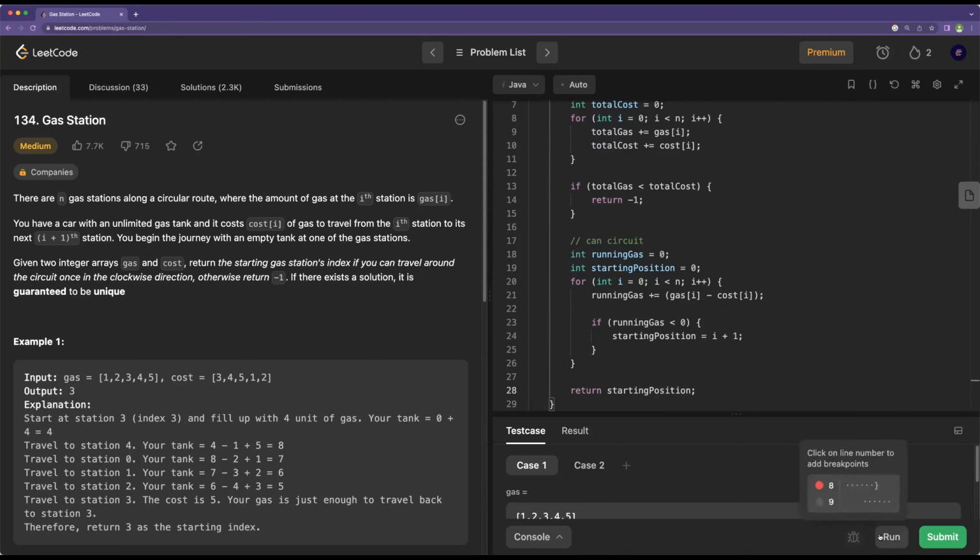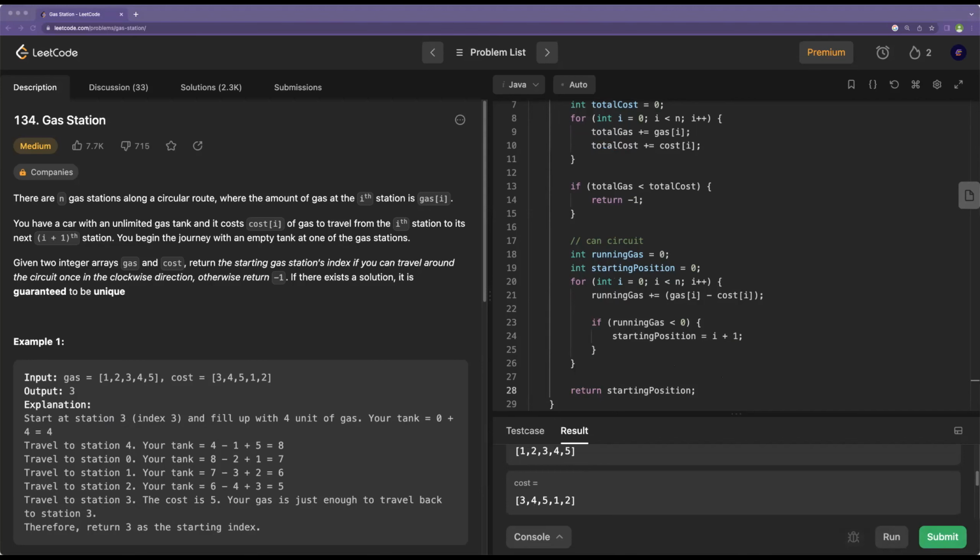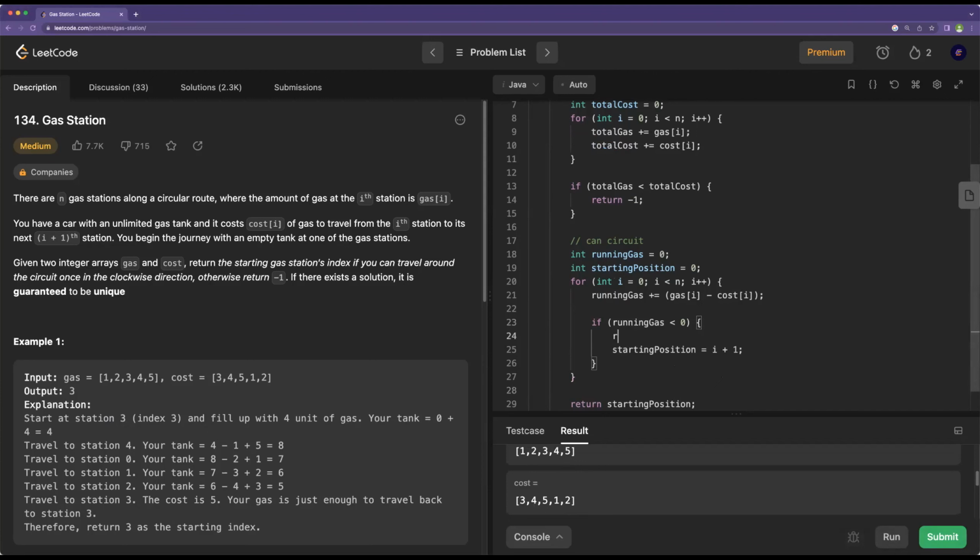Let us run the code and see if it passes all the test cases. Okay, we are getting the output 4 and we want 3. So where did we do wrong? Yes, here we have to reset the gas value.